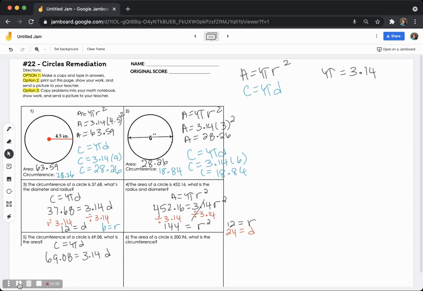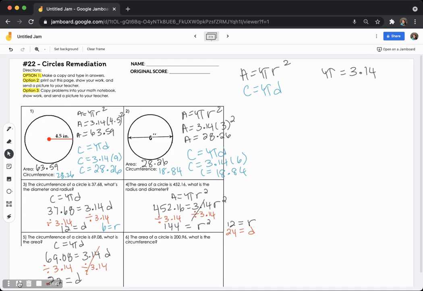So to solve this, I'm going to divide both sides by 3.14. And when I divide that, I'm going to get 22 for the diameter.